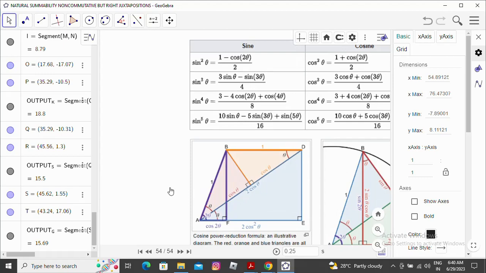Tan theta has 4 symmetries: I, J, K, and M symmetry. Sec theta has 4 types: N, O, P, Q symmetry. Cosec theta has 4 symmetries: R, S, T, U symmetry. And cot theta has 4 symmetries: V, W, X, and Y symmetry.